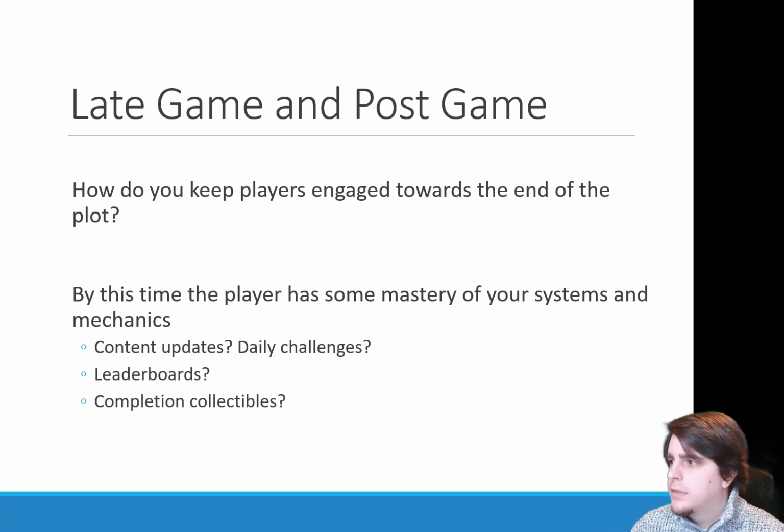But again, things that can engage people in late game once they have mastery are those kind of extra challenges, things like leaderboards, or even completion collectibles engage certain types of players. And a lot of these ideas really apply as well to, as I mentioned before, MMOs. Once you've reached max level in those games, those are the times when a player has mastery.